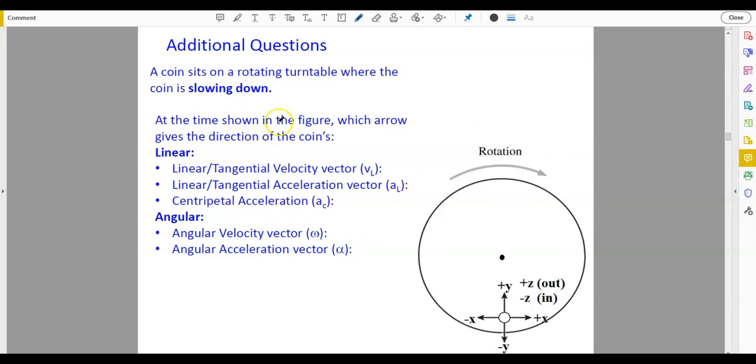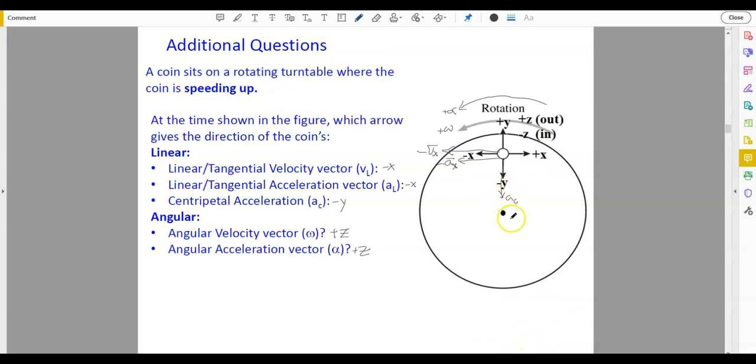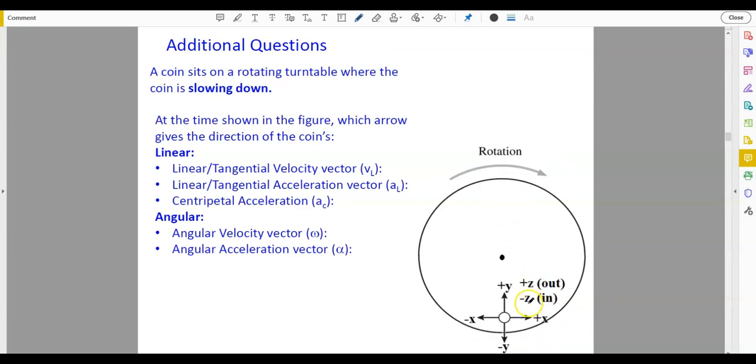Okay. So I've changed a bunch of the conditions. Now we have a turntable or a record player with the same coin glued to it, and the x and y directions are the same as they were in the last problem. Z out and z in are the same as in the other one. So our cardinal directions haven't changed.